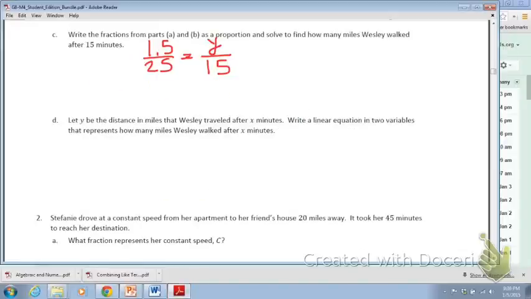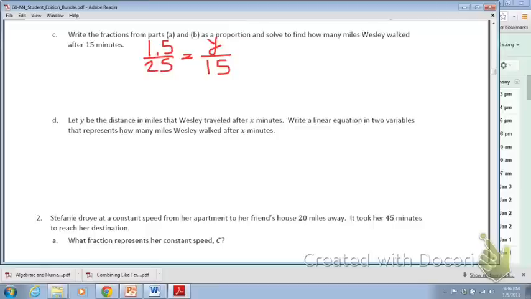Okay, so for part C, you should have a proportion that looks like this. 1.5 miles over 25 is equal to y over 15. Y is the miles traveled, and we want to know how many miles that would be in 15 minutes. So obviously it's going to be less than 1.5, but how much less?